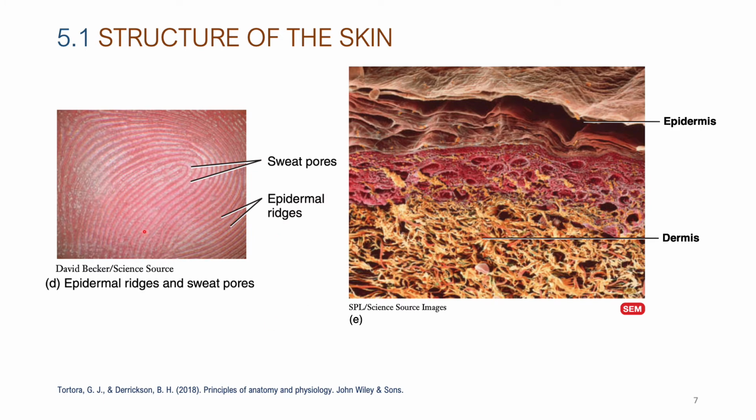On the other hand, these are epidermal ridges and sweat pores. Okay, this is a fingerprint, and this is a scanning electron micrograph photo of the epidermis and the dermis.